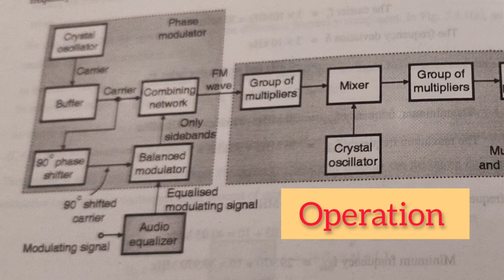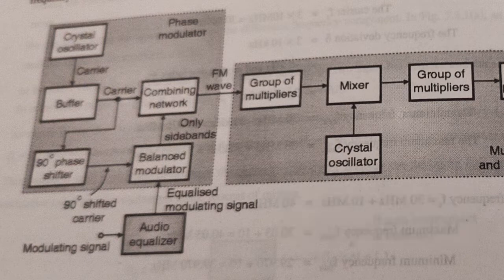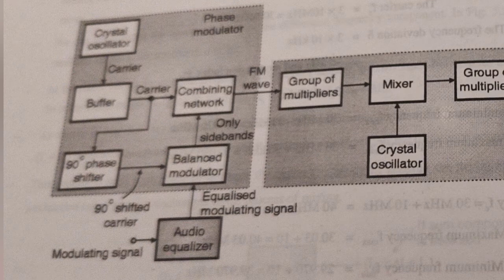The crystal oscillator generates the carrier frequency up to 1 megahertz. This is applied to the combining network and the 90-degree phase shifter. The modulating signal is passed through an audio equalizer to boost the low modulating frequency.